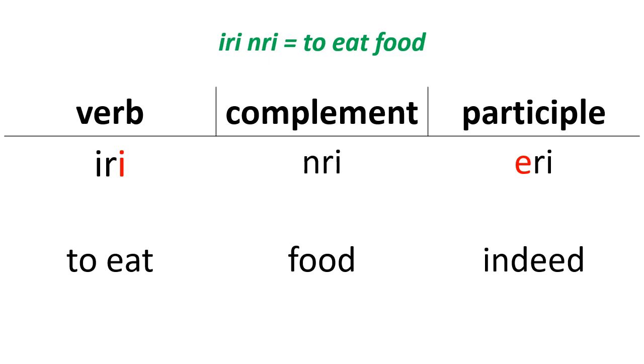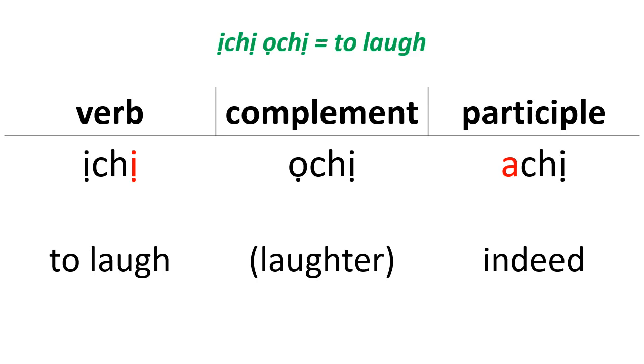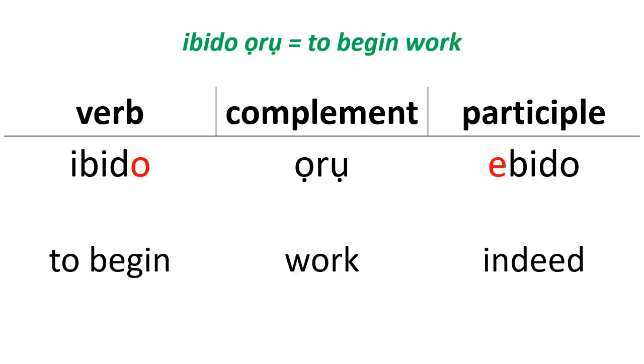Iri, iri nri, to eat food. Iri nri eri. Ichi, ichi ọchị, to laugh. Ichi ọchị achị. Ibido, ibido ọrụ, to begin work. Ibido ọrụ ebido.